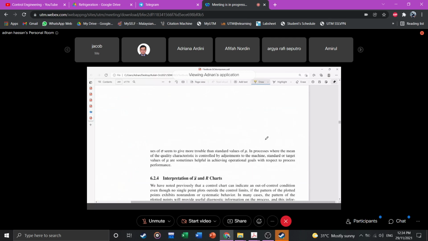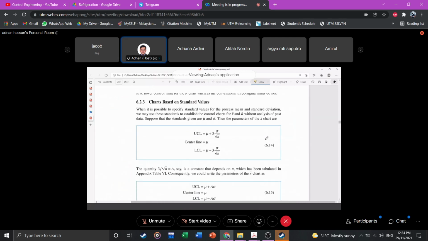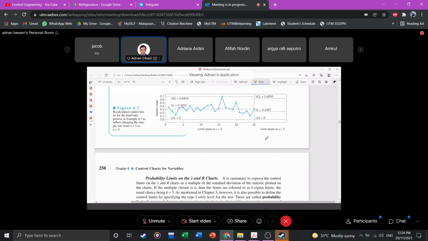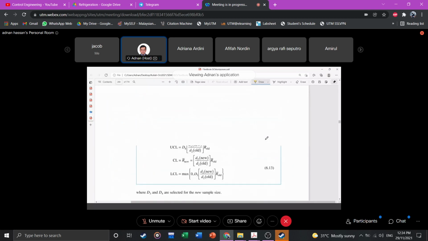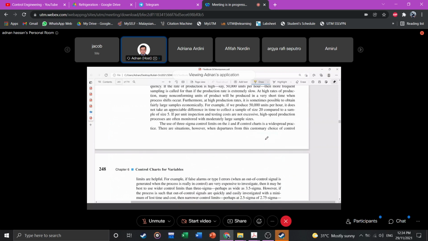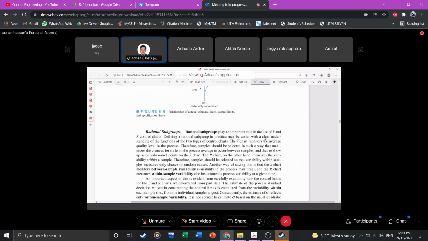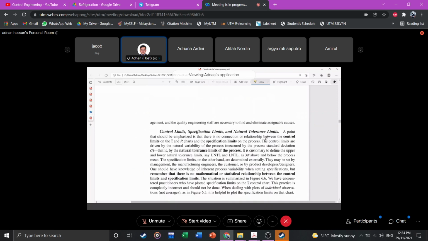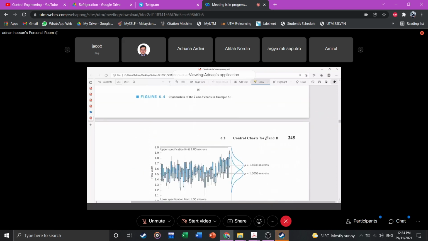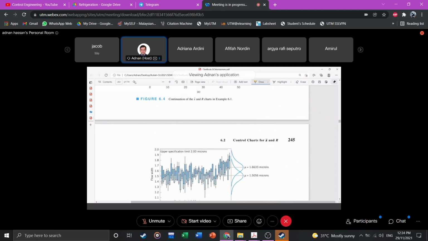Related to this variability and control limit, I did mention last time about synthesizing rules. Let me search where the synthesizing rule is.